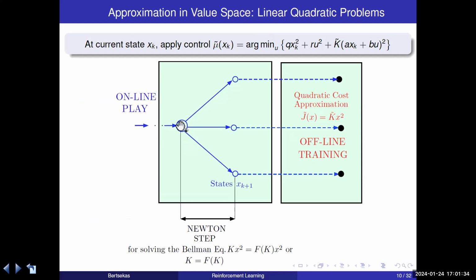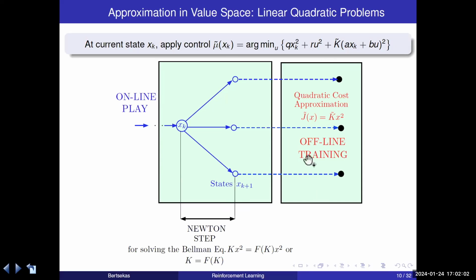We are at a given state. We look at all possible choices of control, all possible next states, and then we approximate the cost to go from these states with some J tilde function. And in this particular case, we're going to look at quadratic cost approximations that involve a K tilde positive coefficient.